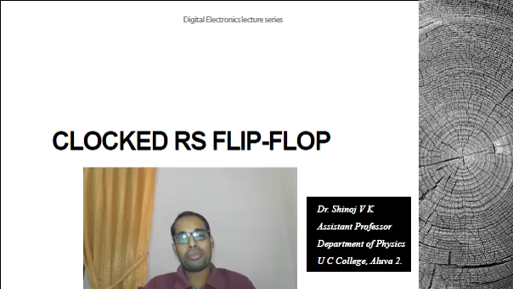That is, when both inputs are high, the output keeps toggling. The JK flip-flop also has some limitations, so then we'll discuss the master-slave type of JK flip-flop, which is a more perfect kind of flip-flop system. In this class we will discuss all these things.